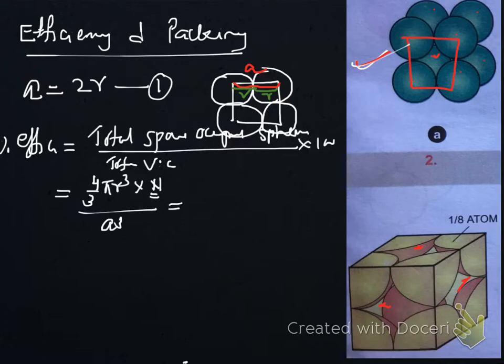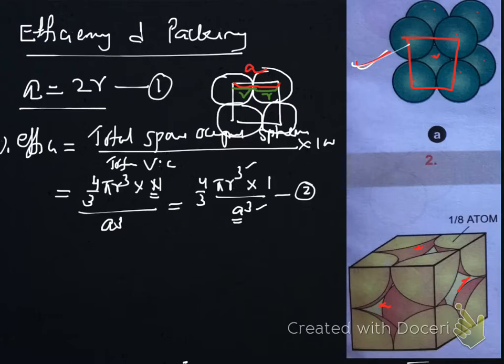In this special case of simple cubic system, it is 4 by 3 pi r cube into number of particles per unit cell, which is 1, divided by a cube. In the numerator you have r cube and in the denominator you have a cube. So either you can change this radius in terms of edge length a, or you have to change this edge length a in terms of r. Usually we are doing the second one.